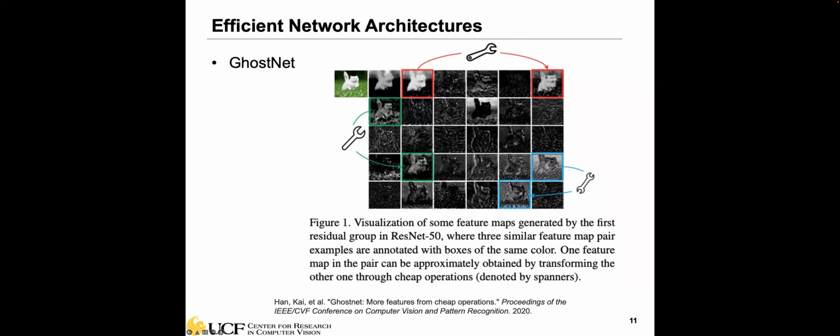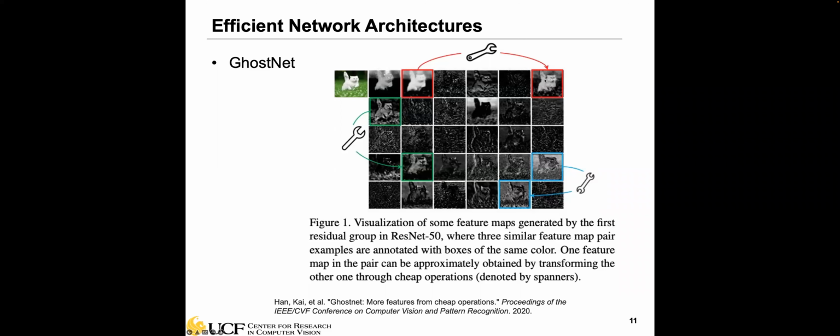So based on this observation, the question they want to answer is: is it possible to have some cheap operations? If I just have this feature map, is it possible to have some cheap operations to get another feature map like this?